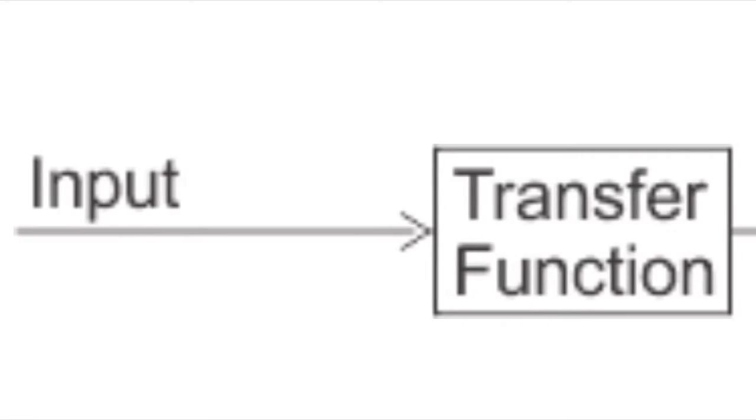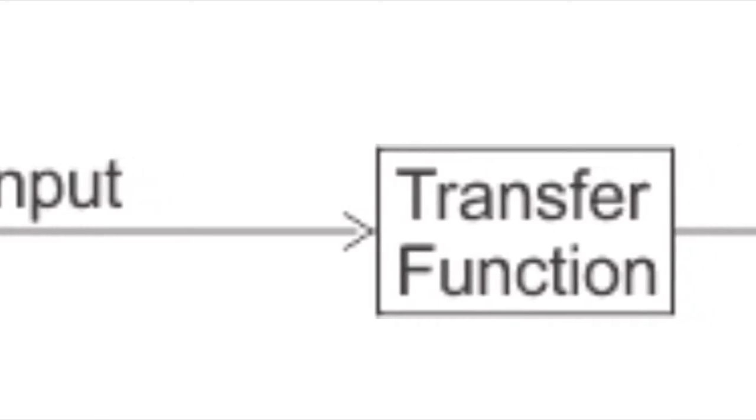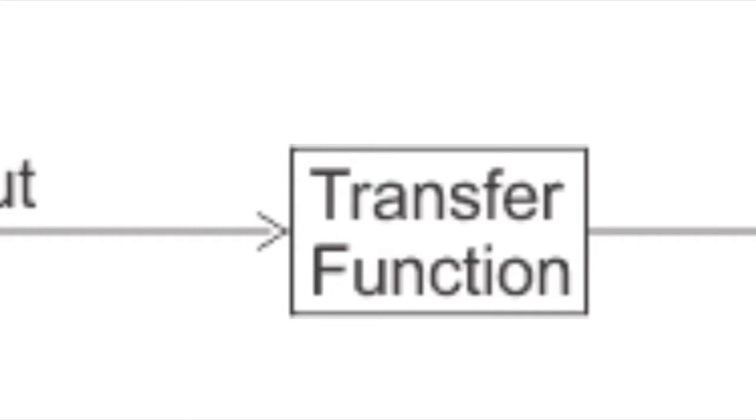A transfer function represents the relationship between the output signal of a control system and the input signal for all possible input values. A block diagram is a visualization of the control system which uses blocks to represent the transfer function, and an arrow which represents the various input and output signals.